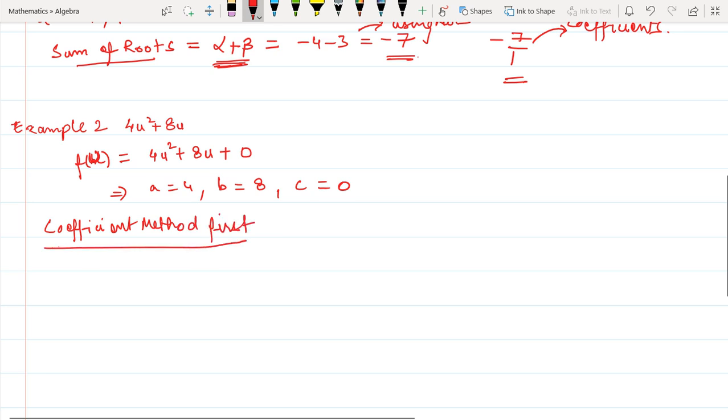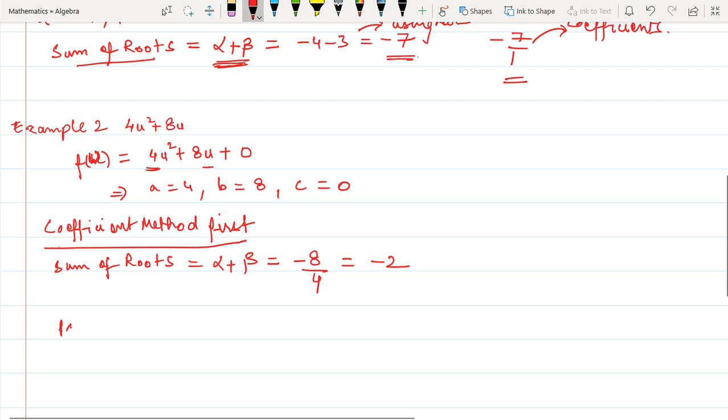In this case, what do I get? Sum of roots, alpha plus beta, is equal to the coefficient of u divided by the coefficient of u square with a minus sign. So it will be minus 8 by 4, which is equal to minus 2.